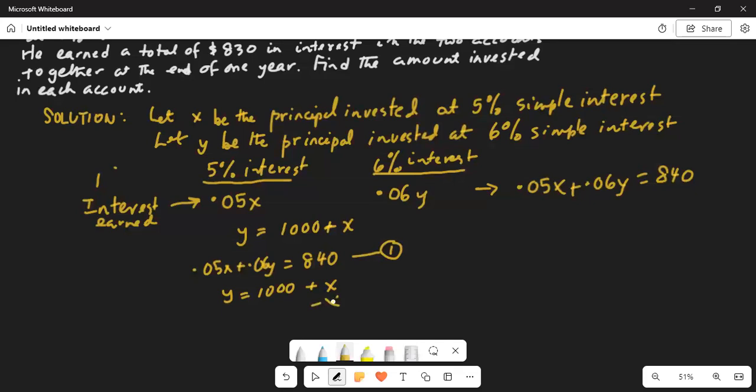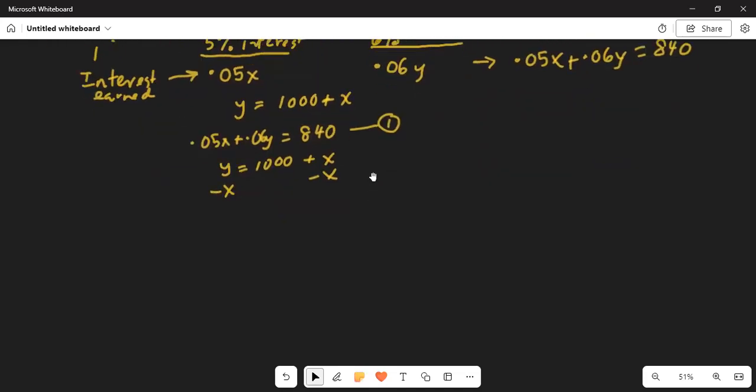After some algebraic manipulation, I will subtract X from both sides to bring the unknown variables to the left-hand side. I get in the second equation, Y minus X is equal to 1000. And this is equation 2.